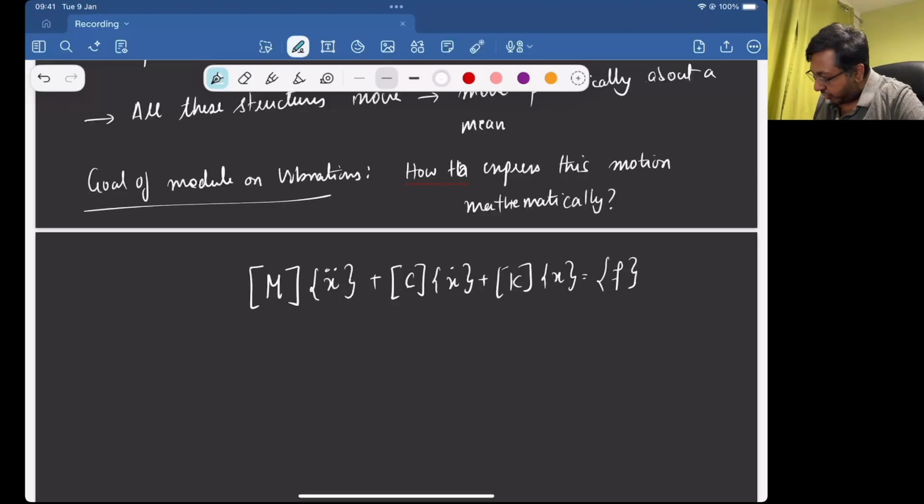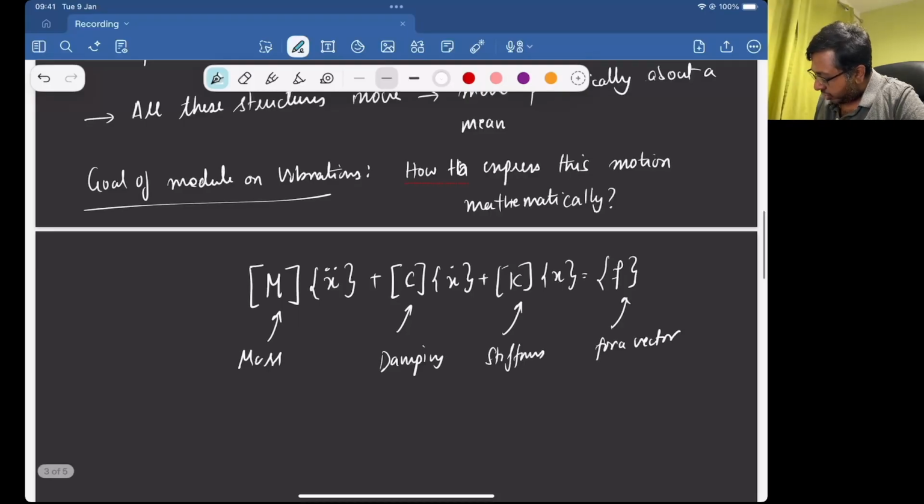So we said this was our mass matrix, our damping matrix, our stiffness matrix, and our force vector. We have our acceleration, velocity, and displacement.